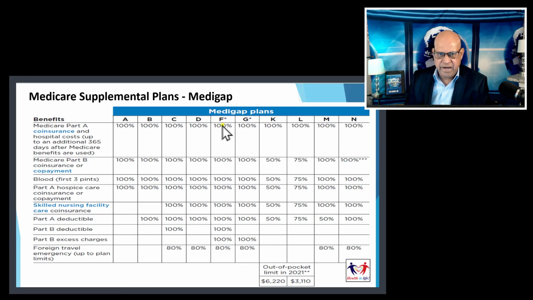The Cadillac plans are, of course, F and G, which covers 100% of your deductible and copay for Part A and Part B. It also covers excess Medicare Part B charges, and some of these things. But of course, Plan G and F are going to be much more expensive compared to the other ones.